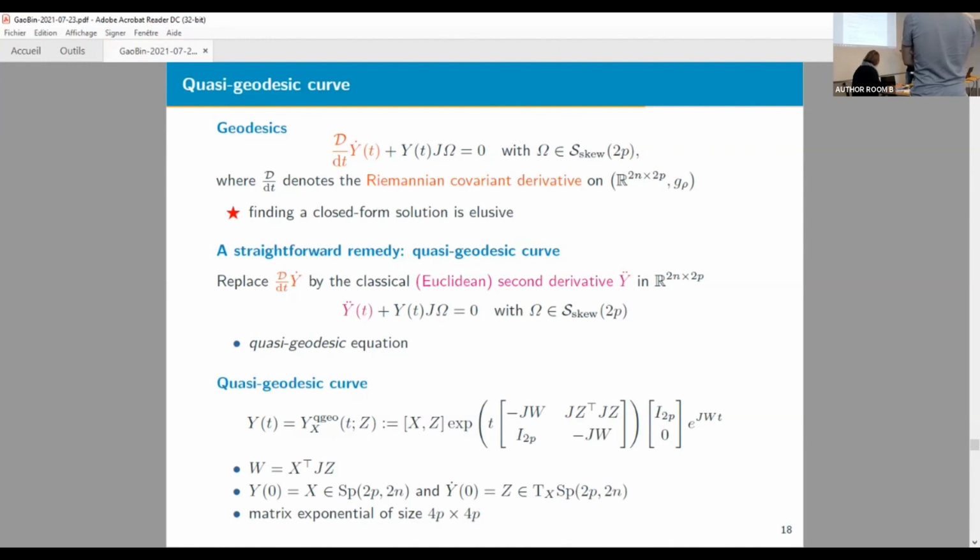But we prove that this curve can preserve the manifold structure, and we plot some feasibility violation, and it preserves the manifold structure very well. In the computational aspect, there is only one matrix exponential here.